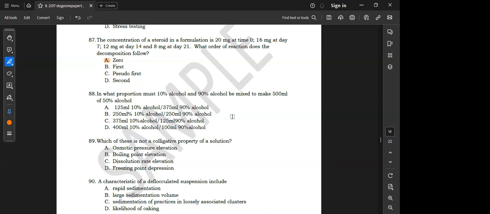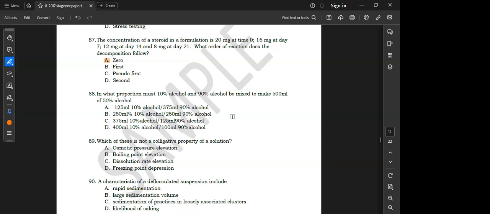Had it been first order, it would have been a constant percentage or fraction, so perhaps 16 mg, then 8 mg, then 4 mg, 2 mg, like that. The drugs that undergo zero order are phenytoin, aspirin, and alcohol, if I'm not wrong. Yeah. Okay.